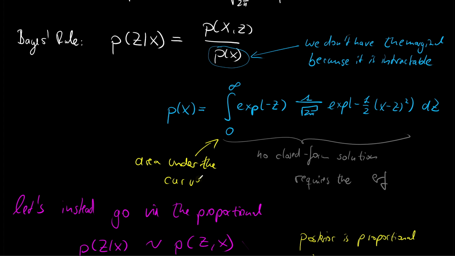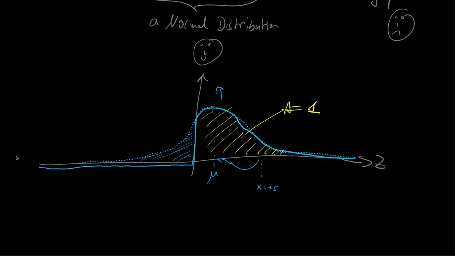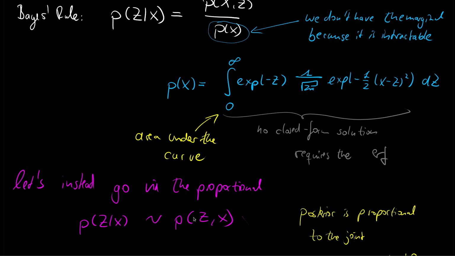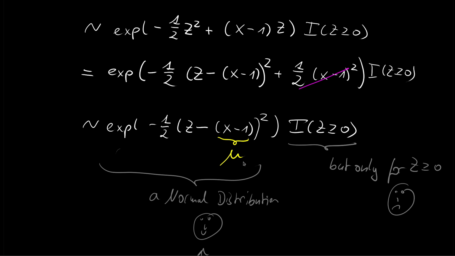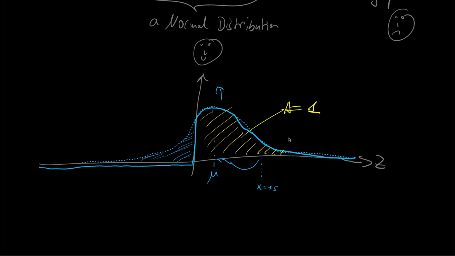And of course it is sufficient to just integrate from 0 to infinity, since the values that are smaller than 0 will be 0 anyways, or there will be no area under the curve. And I think that's an interesting observation, isn't it? So both ways. So first just by Bayes' rule, and then also using the trick with just going via the proportional, yields a functional form, but we can't find the normalization. And this normalization is crucial. I mean, it is crucial to have a full probability distribution.